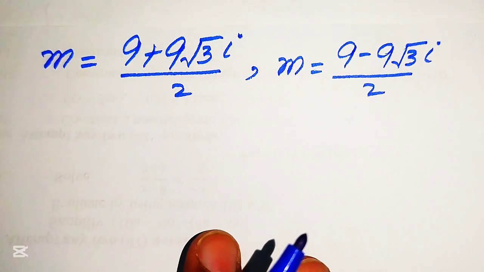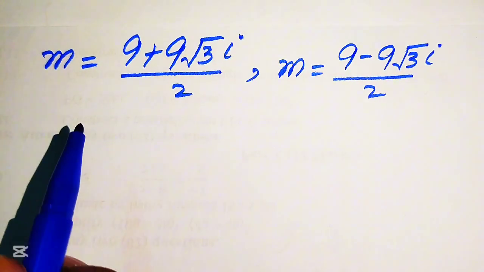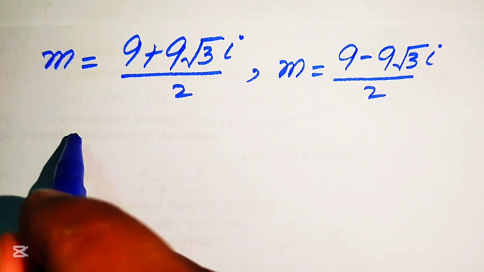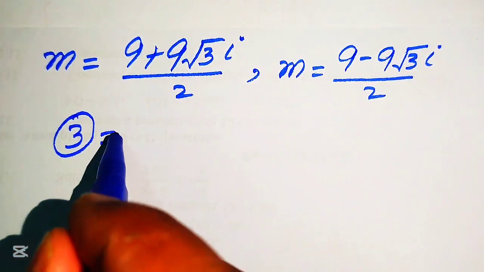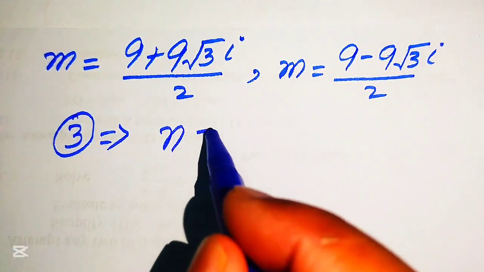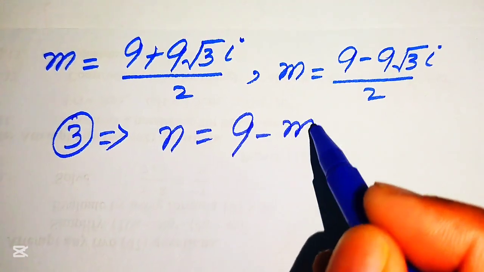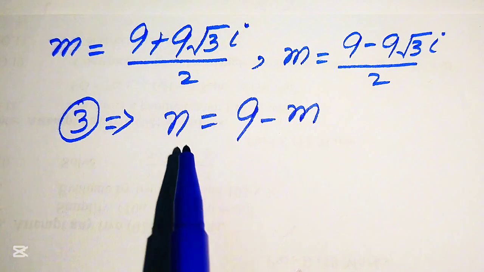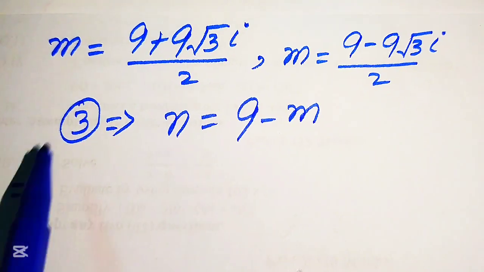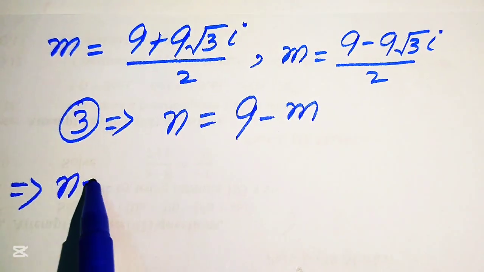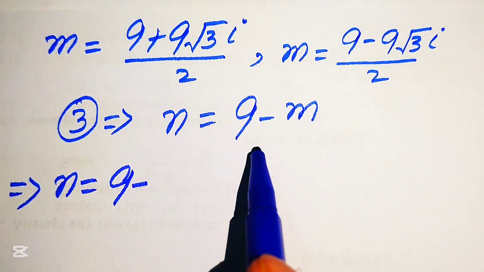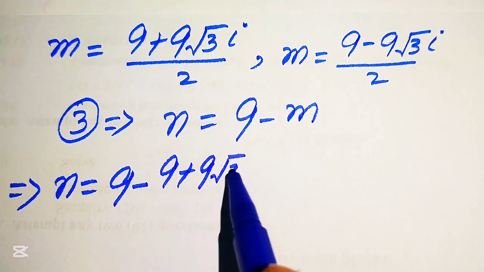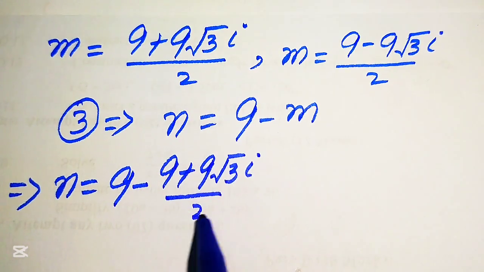Now we just need to put these values in equation number 3, so equation number 3 implies that n equals 9 minus m. We put both values of m above here and we get the value of n. First we put this value of m here and we get n equals 9 minus m, where the value of m is 9 plus 9 times square root of 3 iota, divided by 2.